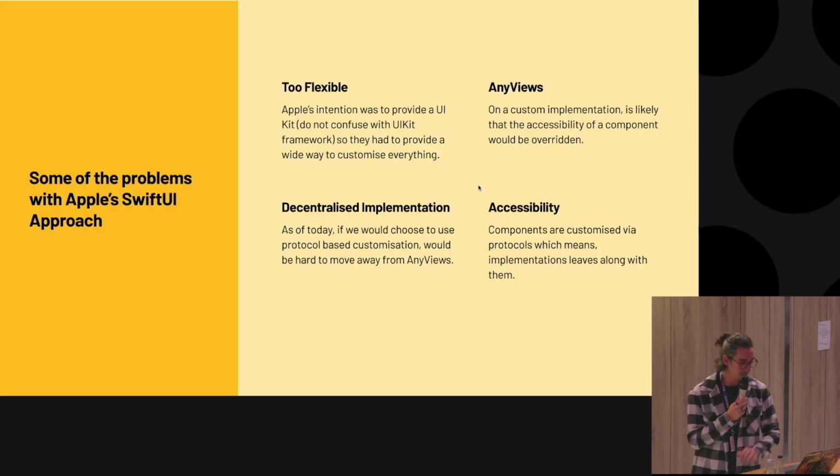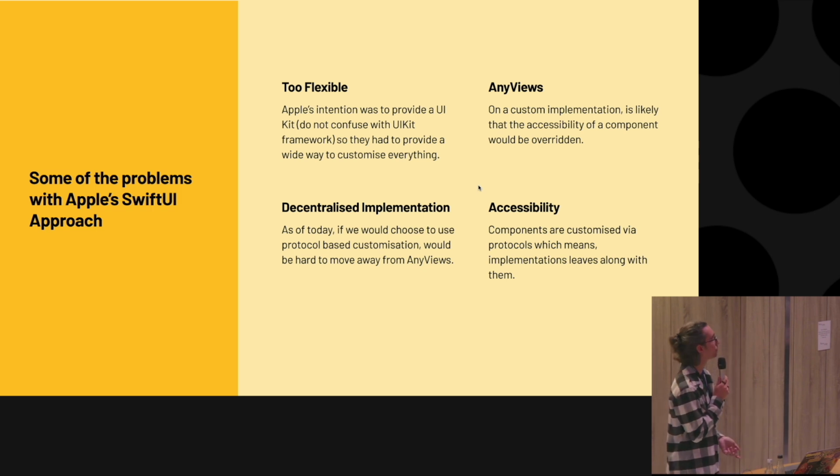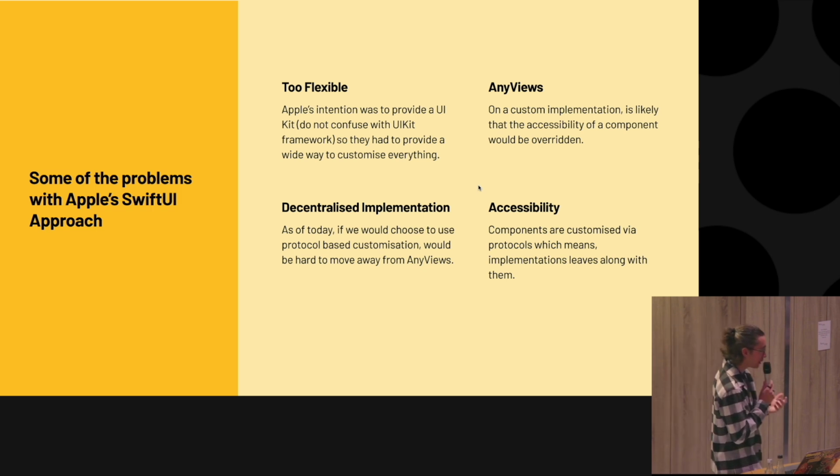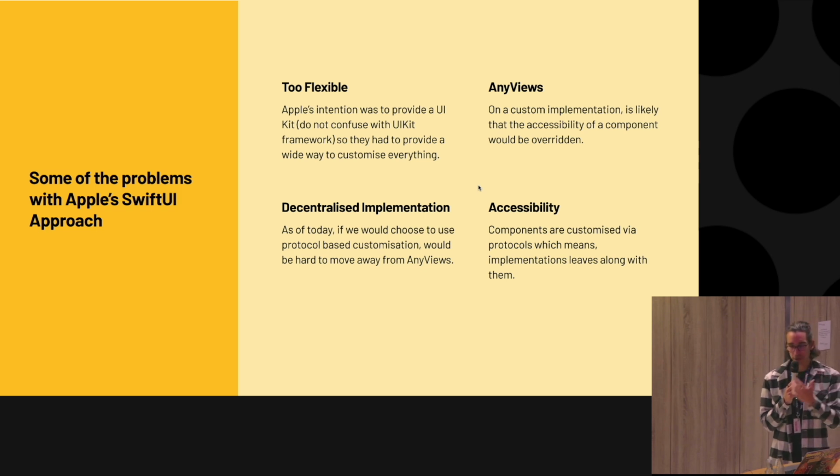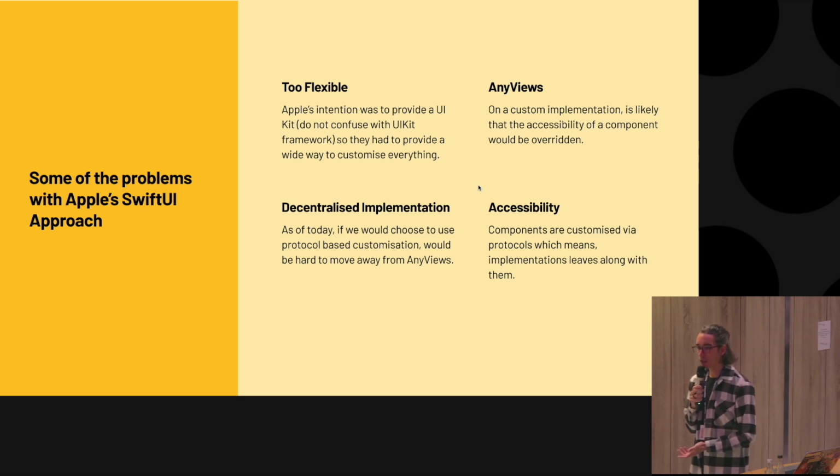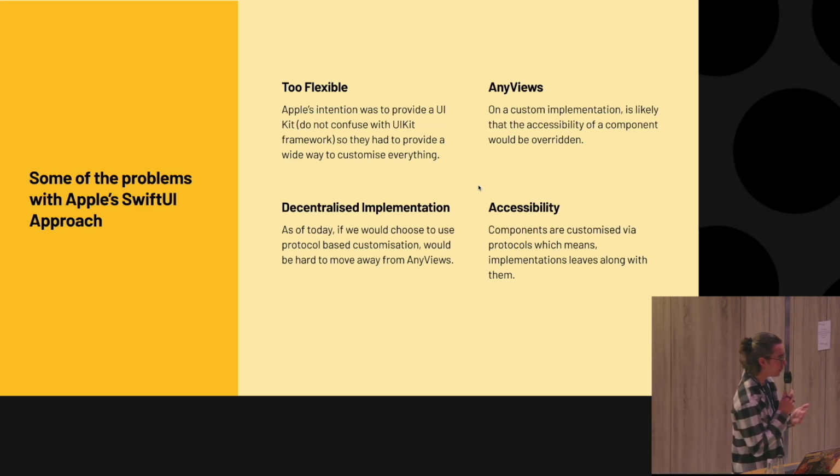However, there are a few problems with that. If you think about design systems, this is not very nice to have. Apple built SwiftUI the same way as UIKit, and UIKit is the foundation for a UI library, not for a design system.